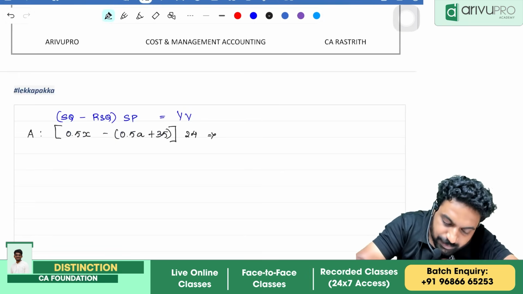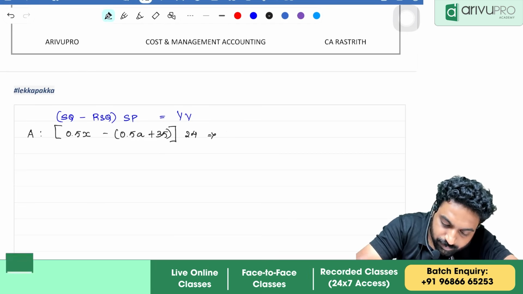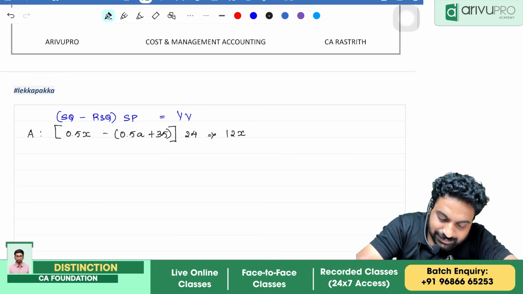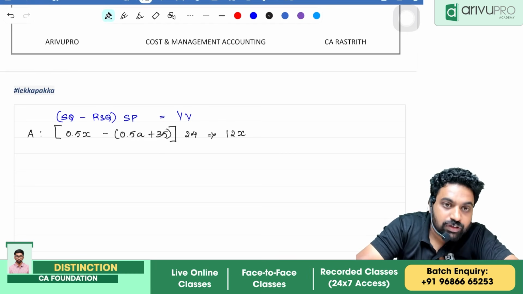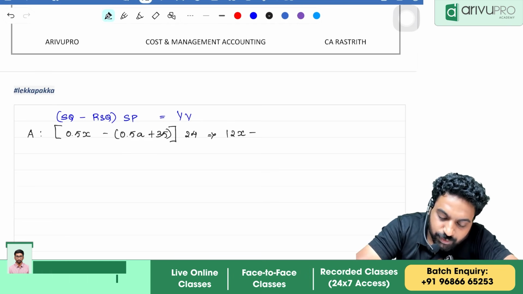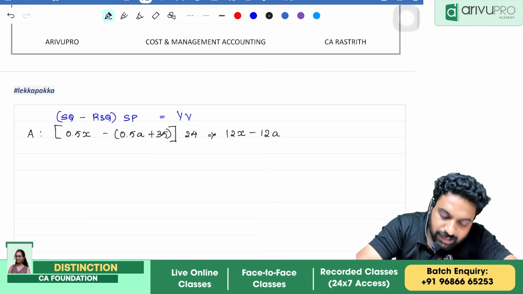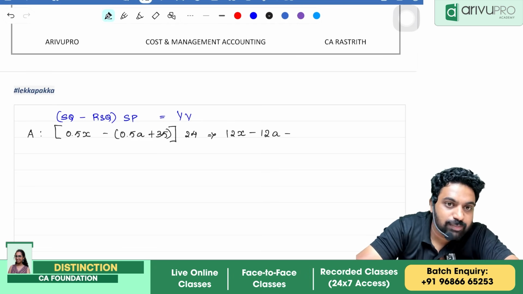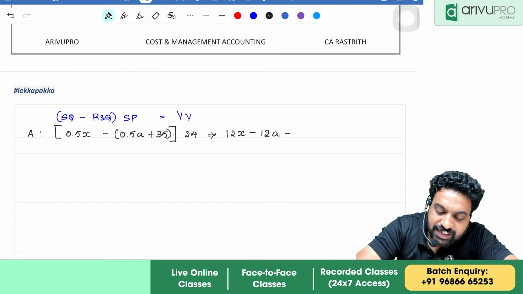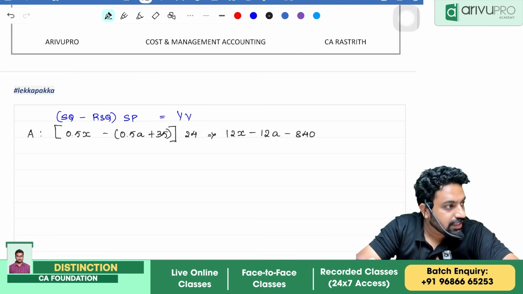Can you simplify it? 0.5x into 24 is 12x. Minus 0.5a into 24, 12a. Minus, because if I am bringing out 35, it's minus 35 into 24, 840.